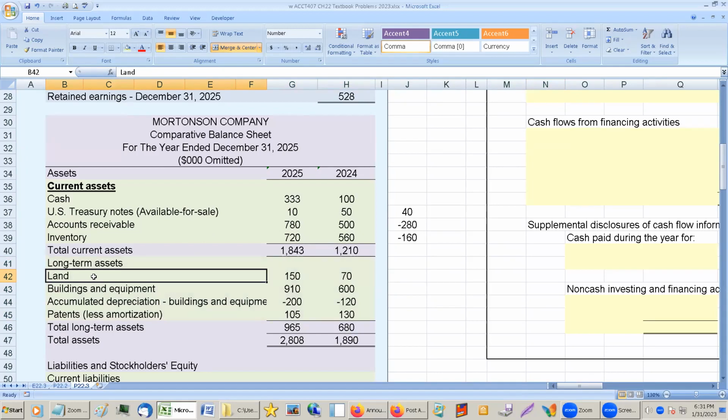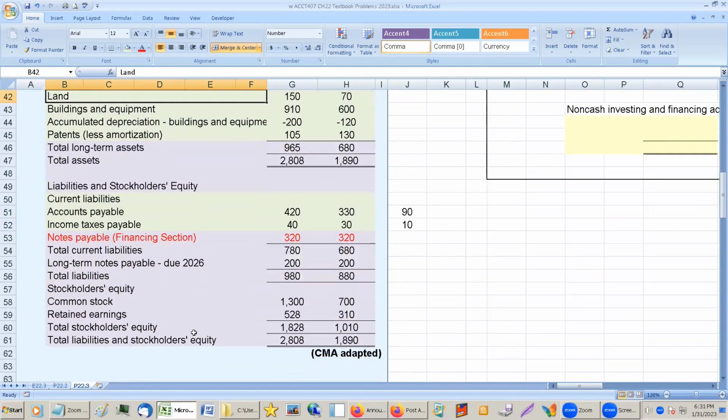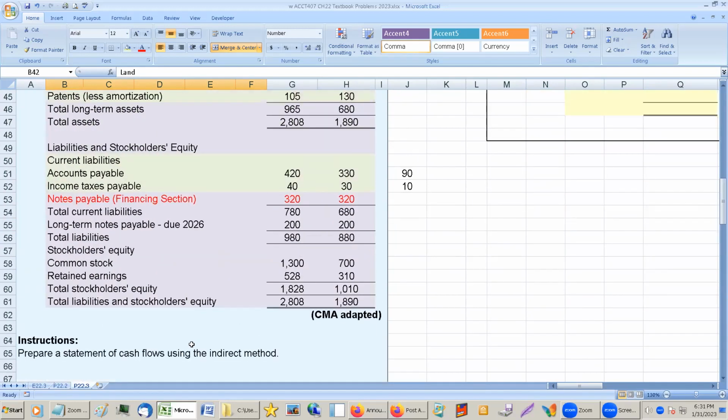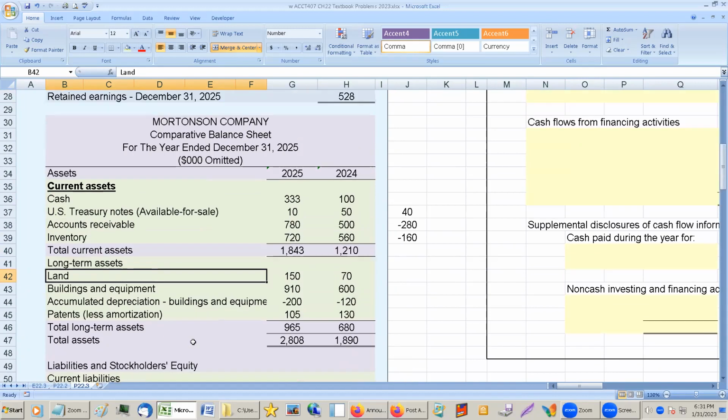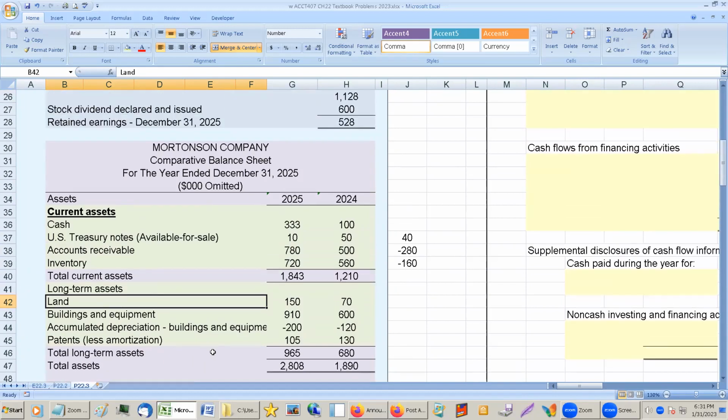Okay. So the land account went up. I don't think they give us any additional information. No. Okay. So the land account went up. So what probably happened to our cash? It went down. Yep.